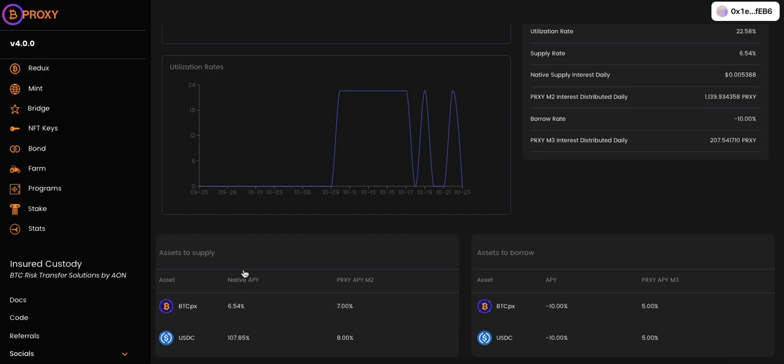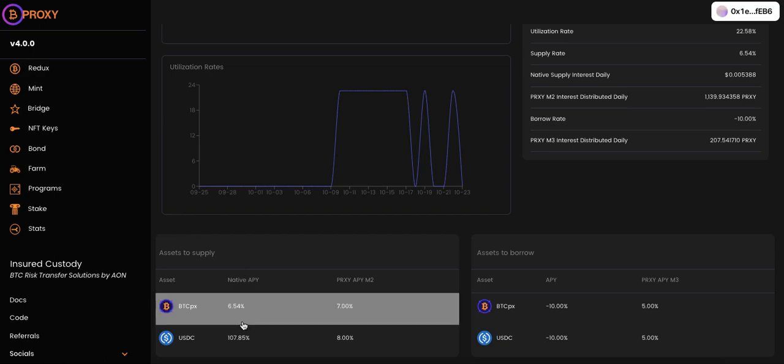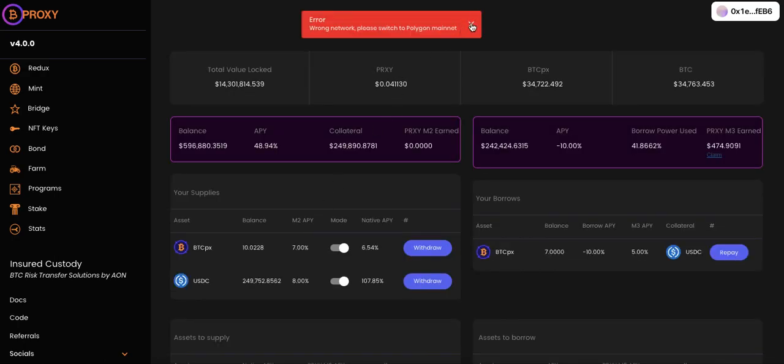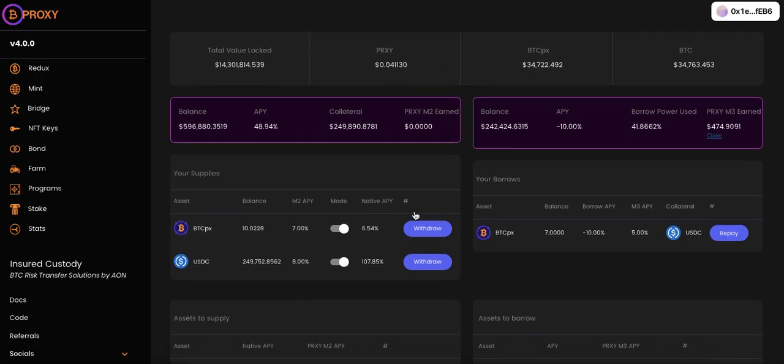At the bottom, there's a function for you to now supply or borrow. You can click on this, and this is a dashboard, and it shows you on the left-hand side their supplies, and on the right-hand side their borrows. This is the overall view. They've supplied 596,000 in total, and they are receiving a combined, or weighted average, APY of 48.94%.